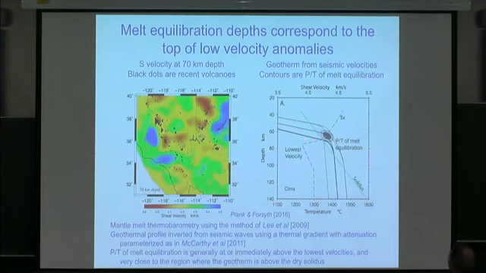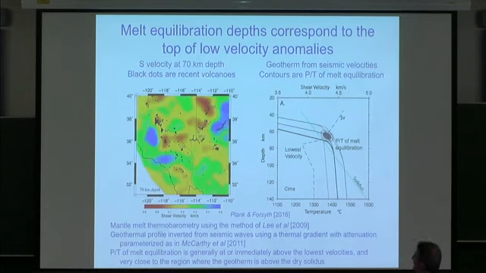The lowest velocity point is about 70 to 75 kilometers deep, and the melt equilibration point is about 60 to 65 kilometers deep. So it looks like the melt is equilibrating at the very top of the region that has the adiabatic gradient before you get into the conductive gradient of the overlying plate.